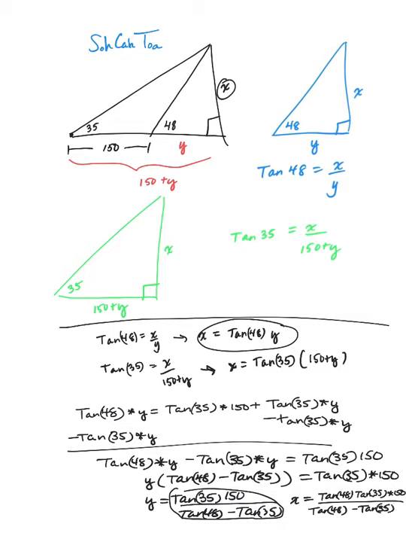Now you can literally get in degree mode, go to alpha, y equals, and type in this entire fraction, and you will get your answer. So your answer is x is about, okay, I want it to the nearest whole number, so 284. Okay, that is one way of doing the problem.